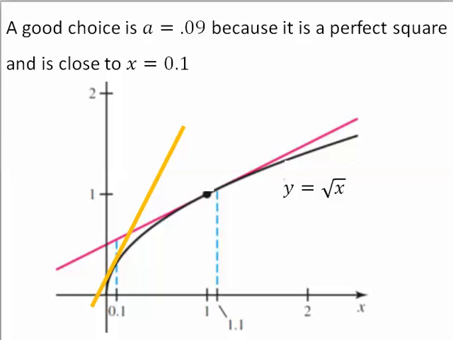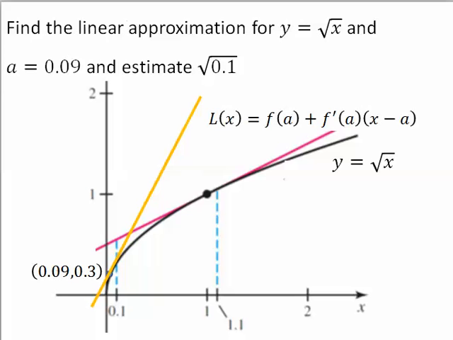A good choice is 0.09 because 0.09 is a perfect square and is also close to 0.1. So let's find the linear approximation for the function at 0.09 and use that to estimate the square root of 0.1.